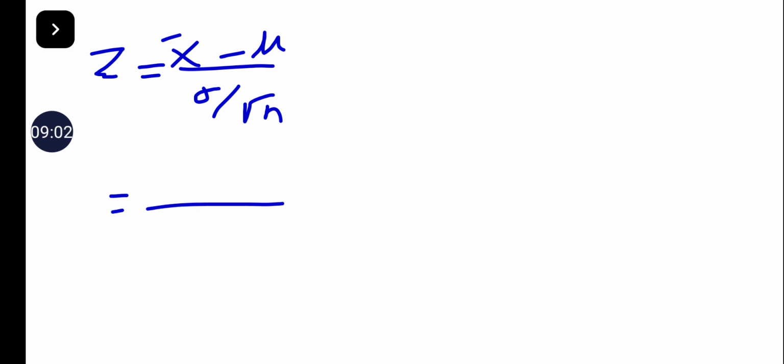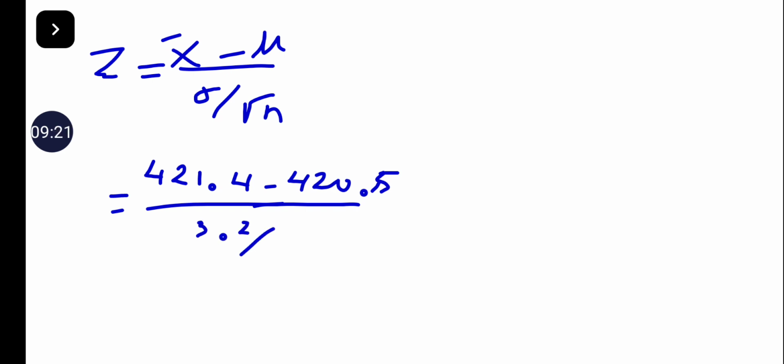From our question, we have x bar, which is 421.4, minus 420.5, divided by standard deviation 3.2 over square root of 50.